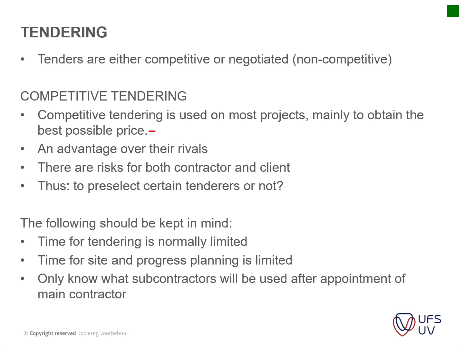That usually happens in the private sector. Government projects are almost exclusively competitive tendering and open tenders as well.